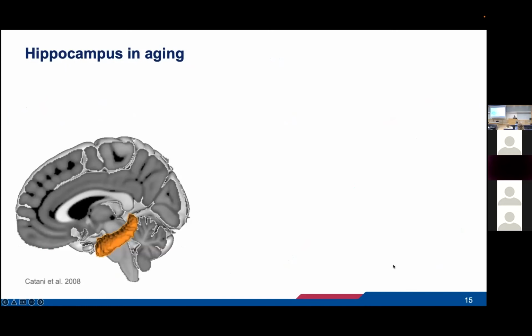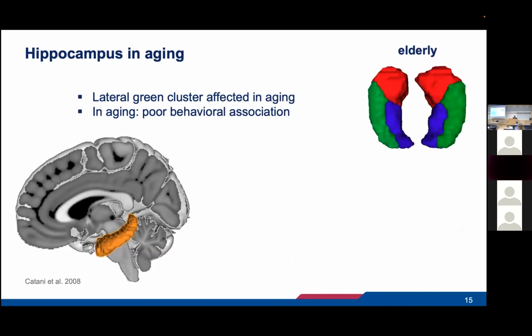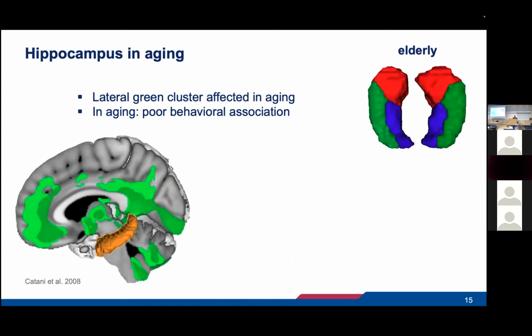So to sum up very quickly, we had the impression that aging is reflected in the hippocampus, especially in the posterior part. Because of the poor behavioral characterization of this green hippocampal lateral subregion, and based on its structural covariance networks, we speculated whether it has something to do with the covariation of white matter of the cingulum and the fornix.